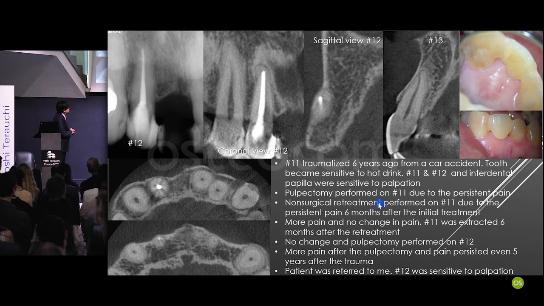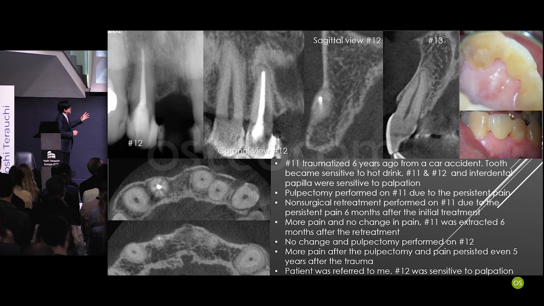The dentist performed pulpectomy on tooth number 11 due to the persistent pain. But nothing changed. So he did non-surgical retreatment on the same tooth, tooth number 11. Nothing changed. Pain persisted. Then he had no choice. He extracted tooth number 11.